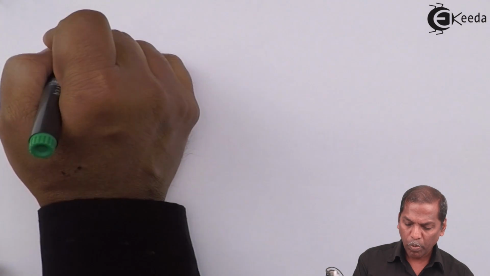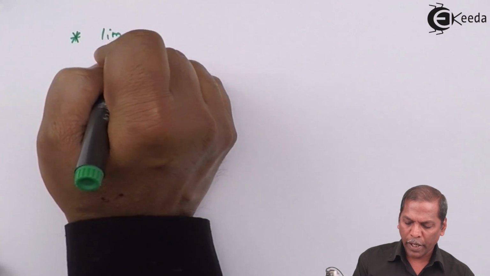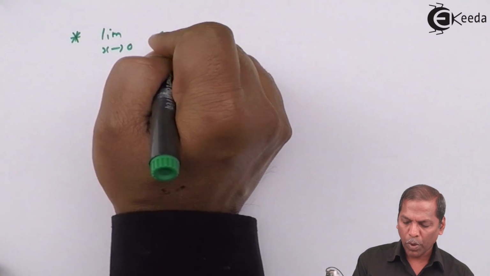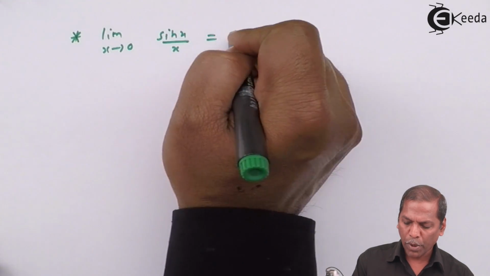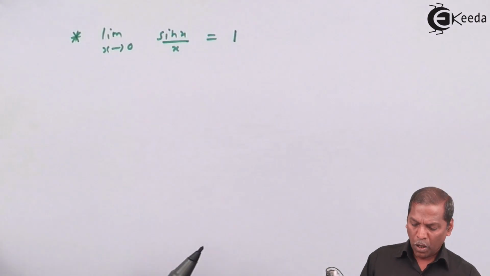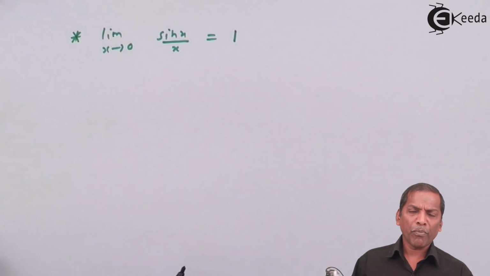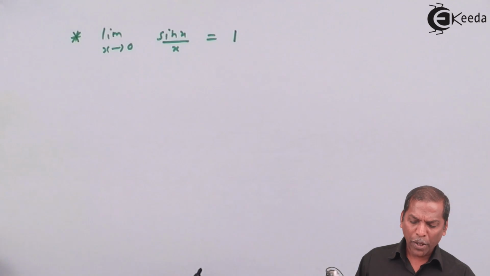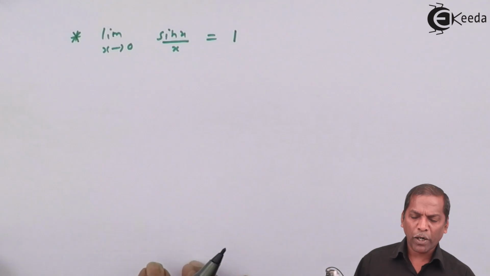Now here we use the rules of limit. That limit x tends to 0 of sin x upon x gives 1. Now here to get the sine rule, the limit should be 0. And in the present case, the limit is given as x tends to pi by 2.